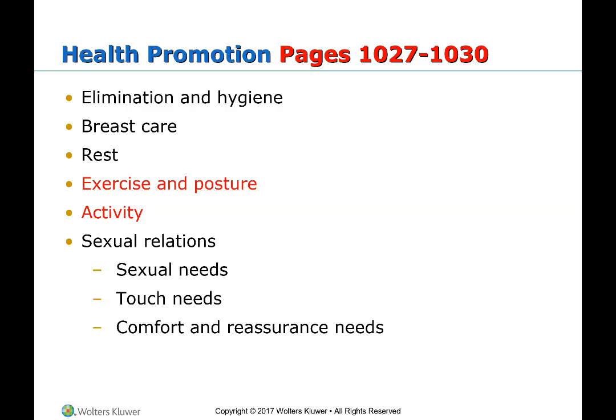Exercise and posture. Swimming pool is good. Swimming, that's always good. Swimming in a lake is not good. Walking is good. It should be a daily exercise, not something sporadic. We would teach the mother not to get overtired, not to get fatigued.